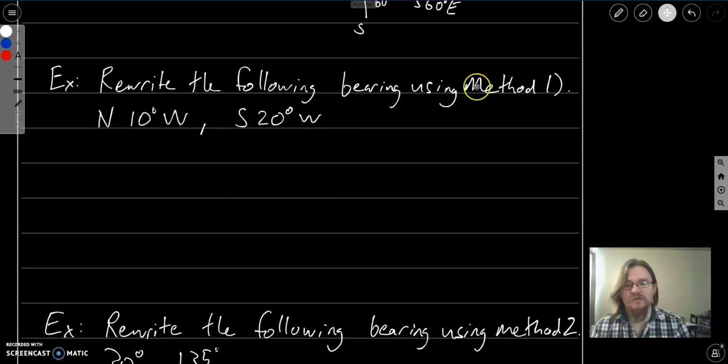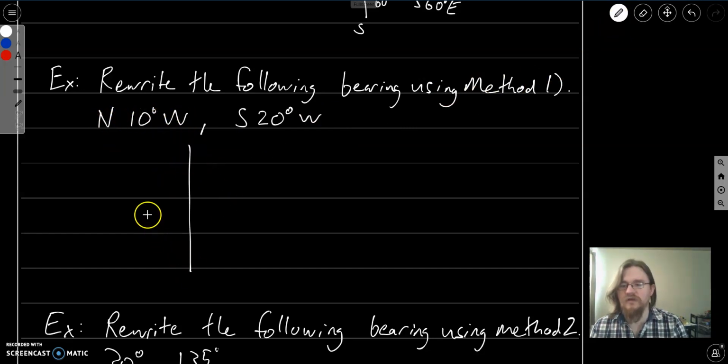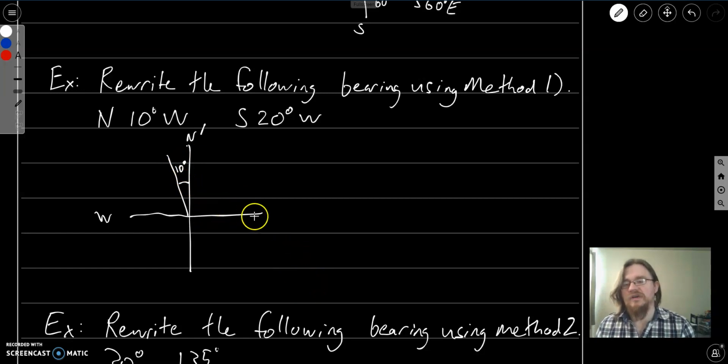Let's rewrite the following bearings using method 1. So north 10 west. We're going to be pointing north, and then we're going to bend in the west direction, and we're going to bend 10 degrees. So the question is, what is the bearing using method 1?